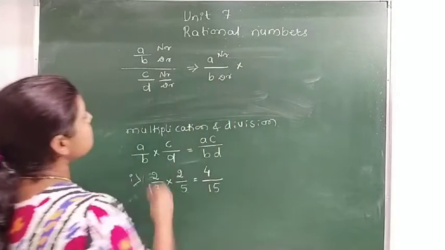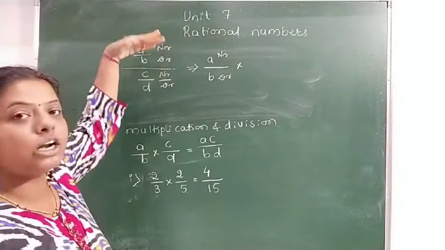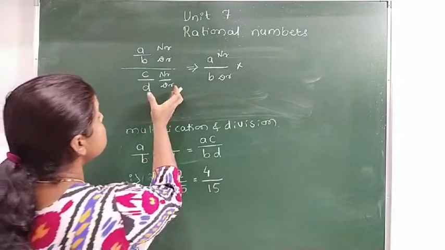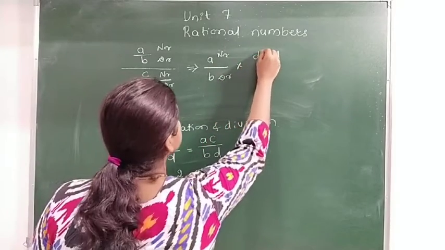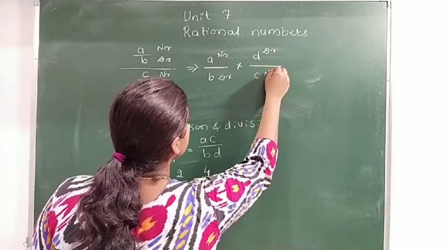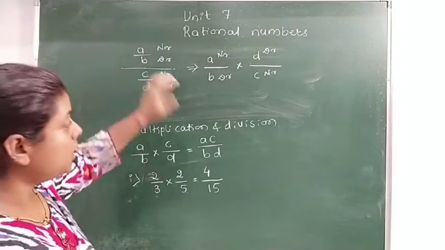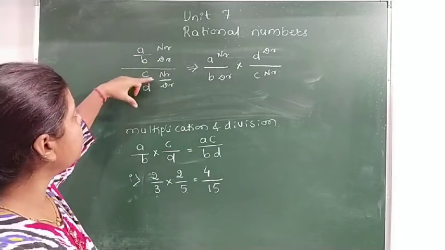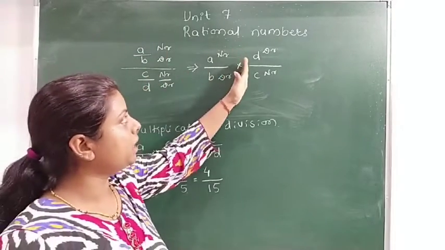By writing this, the denominator is always multiplied with the numerator of the first term. Means we have to take a cross multiply of this. D is a denominator, C is a numerator. Like this we have to write for the division method, by taking the reciprocal of the denominator term into multiplication.